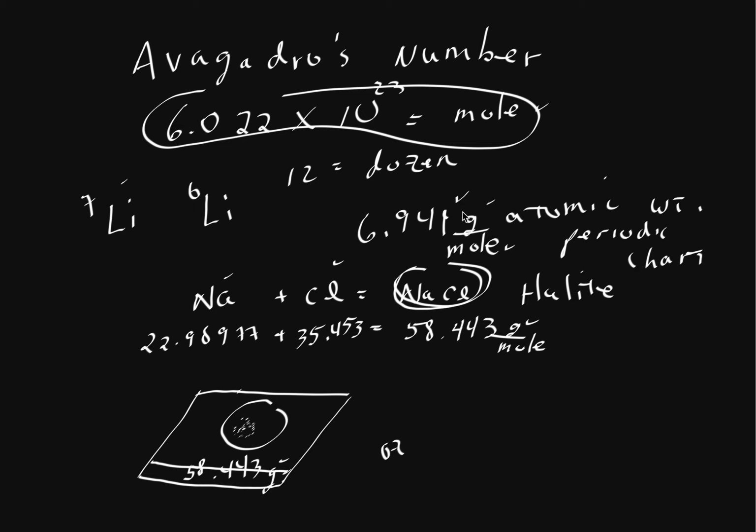And to make 6.022 times 10 to the 23 sodium chloride molecules, you need an Avogadro's number, 6.022 times 10 to the 23 sodium atoms, and the same number of chlorine atoms. So altogether, there are 2 times Avogadro's number of atoms to give you 1 Avogadro's number of sodium chloride molecules that consist of a mole of sodium and a mole of chlorine.